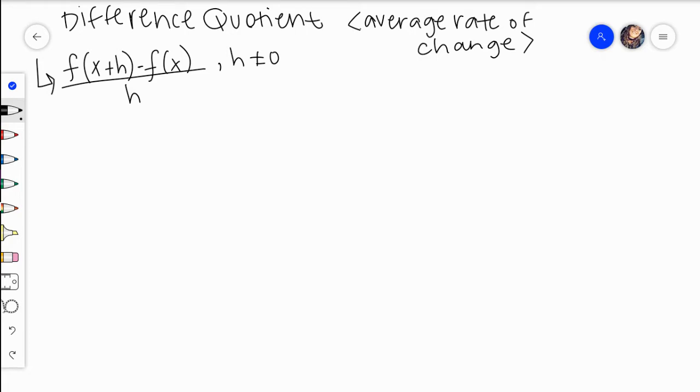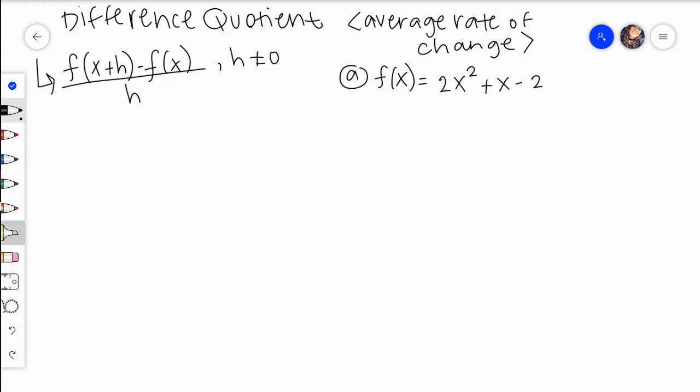Okay, so for this example right here, we're given f of x equals 2x squared plus x minus 2.